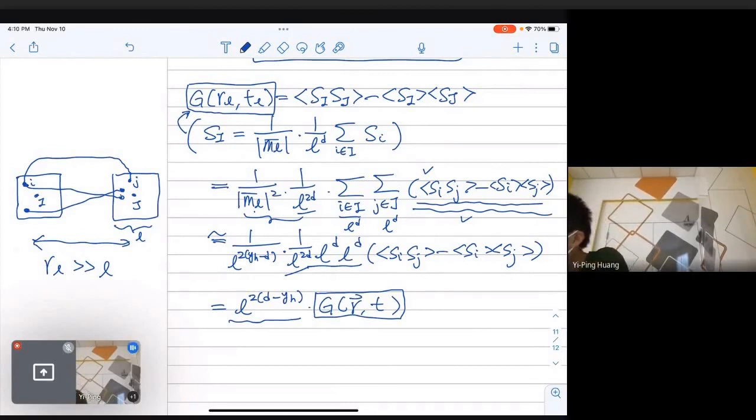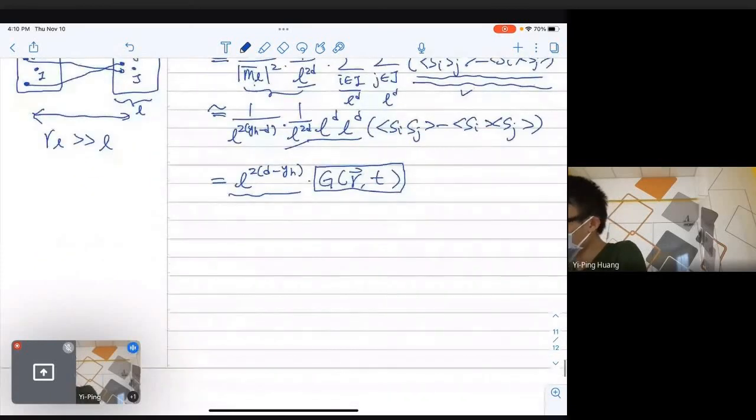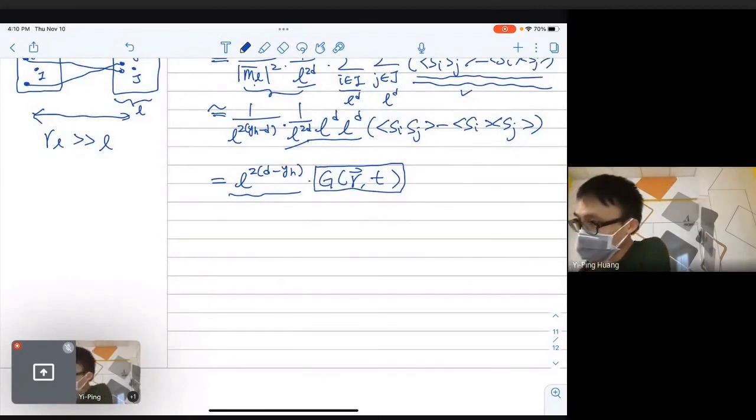So this is nice because we should be able to build some kind of scaling relation between the models. So let's see how to do that.